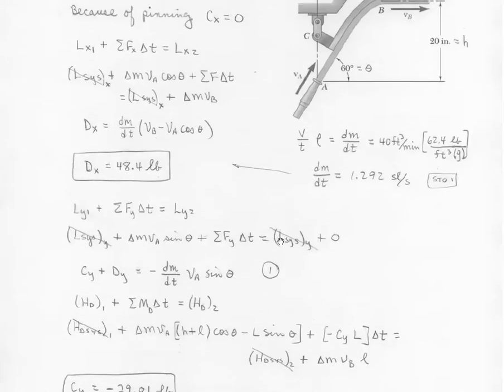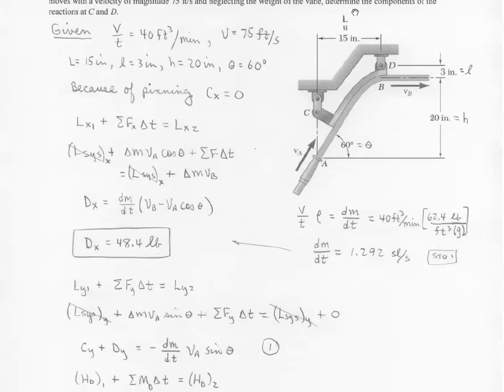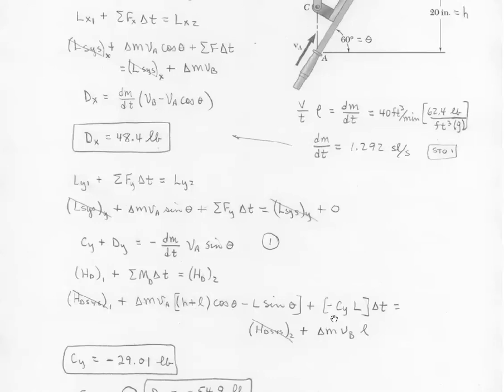And it's a minus because this one's trying to produce a clockwise moment, and this one right here is trying to produce a counterclockwise. And then you plus the external moments right here of C sub y, assume it's upward, and it's trying to produce a clockwise moment at a distance L right there. So that's why you have a minus C sub y times L times delta t.